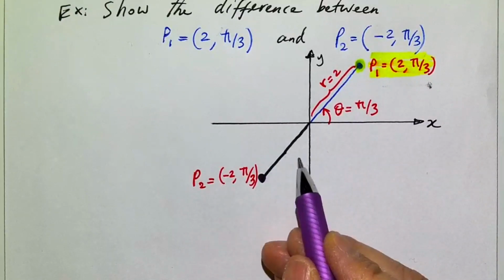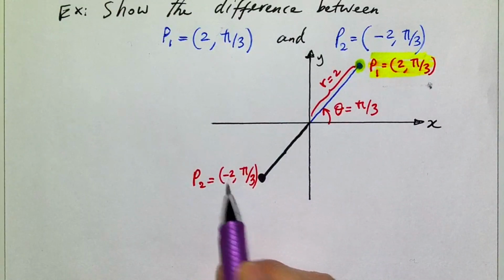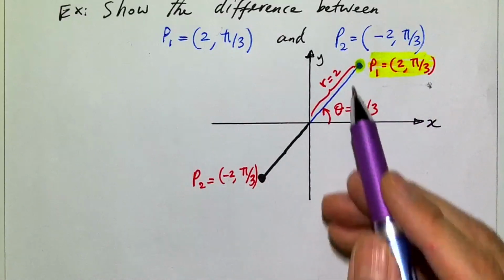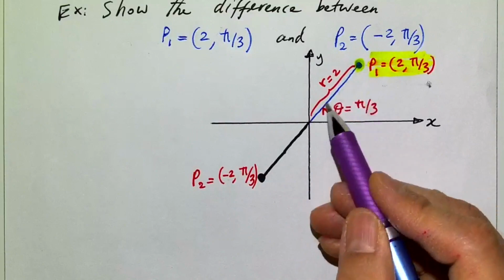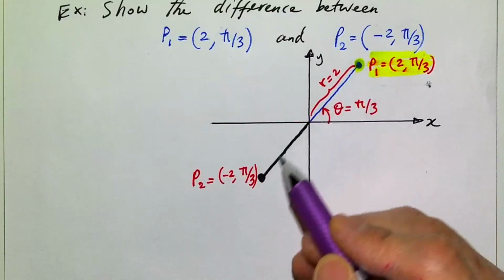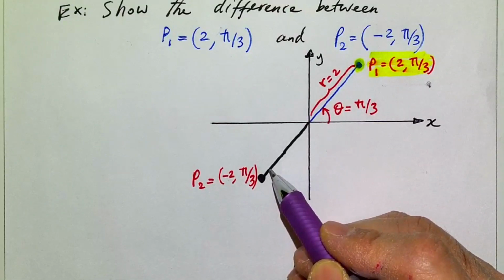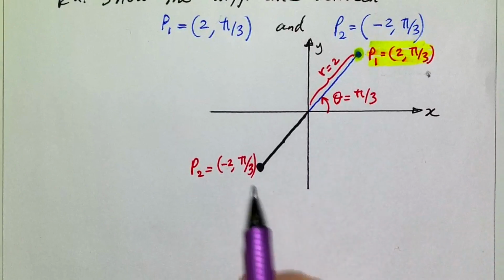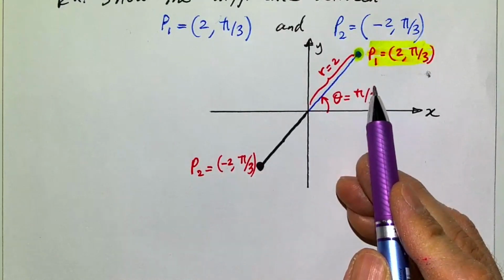So why is that? It is because of this negative r value. So to find this point, you would find that point, and then noticing that this would be opposite to that, you would simply mirror the location of that point in this third quadrant. Right? So that's why this is important, because you shouldn't plot this point in the first quadrant.